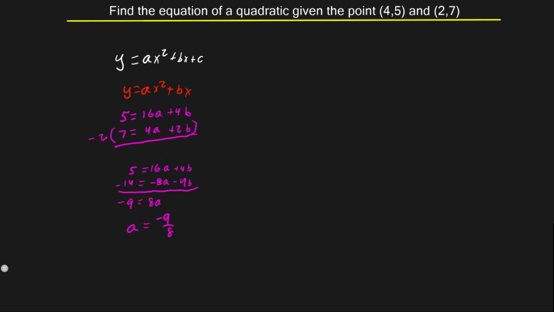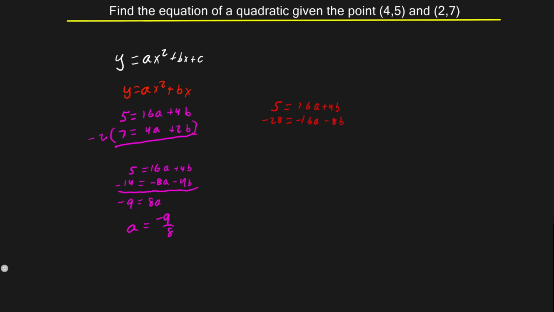And we want to find b now. So we're going to multiply the second equation by -4, so we could get 5 is equal to 16a plus 4b, and then -28 is equal to -16a minus 8b.